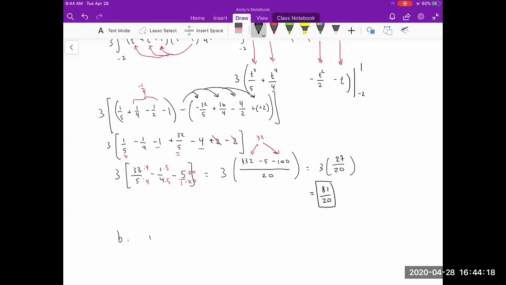So for 5b, we have r is equal to 1 minus 3 sine theta. Now, it would be helpful for us to look at the graph here, and for this one, I'm going to let Desmos take over a little bit, so we can find the region enclosed by one loop, and then try to figure out the bounds of that loop.